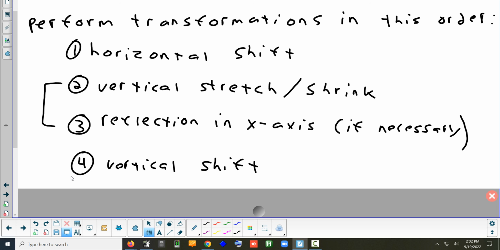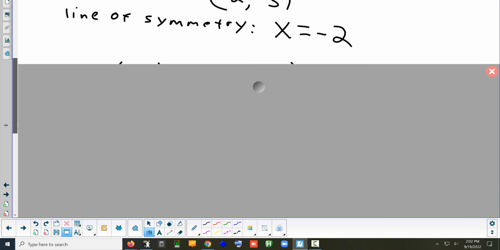So I'm going to put up a problem that's going to have multiple transformations. And first we'll identify how many it has, and then we'll see if we can write them in the correct order. All right.